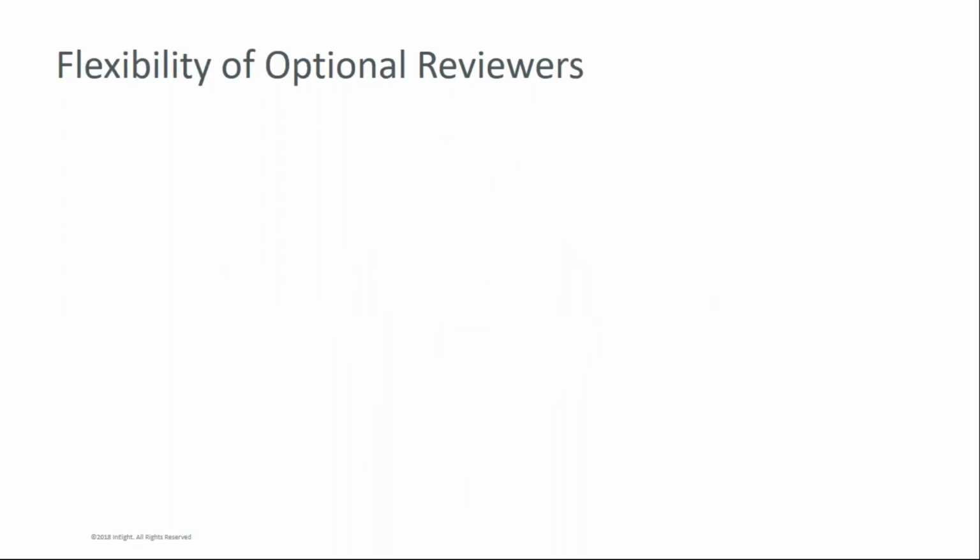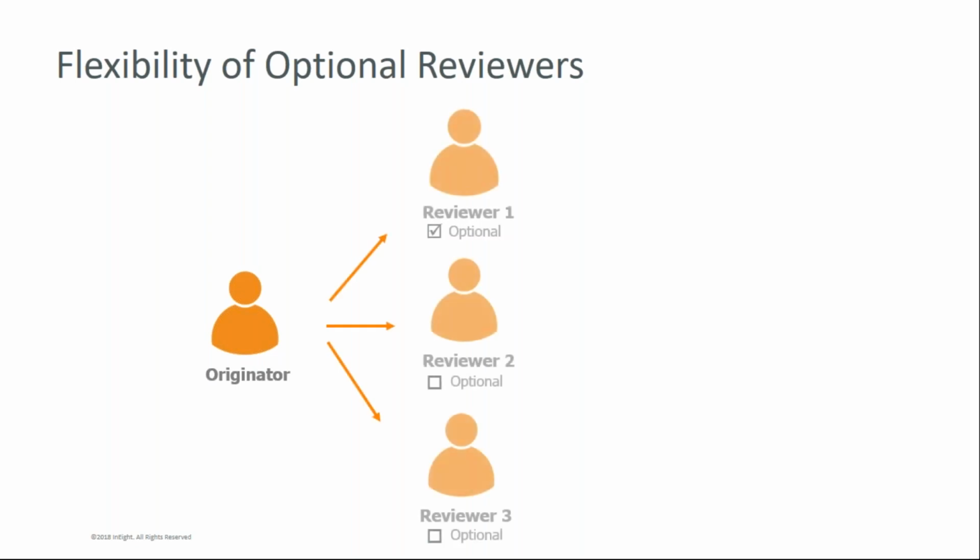Now, within a parallel review, we've got a couple of elements here that will allow us a little bit more flexibility, just to ensure that our review process isn't being held up at any point in time. In this example, what we've done is we've made reviewer 1 optional.